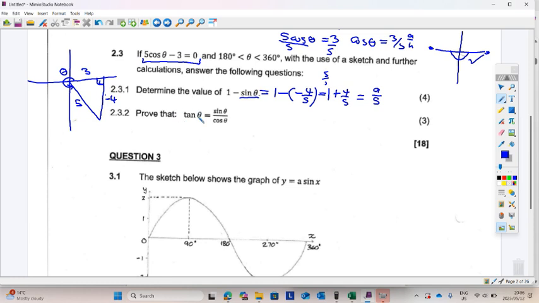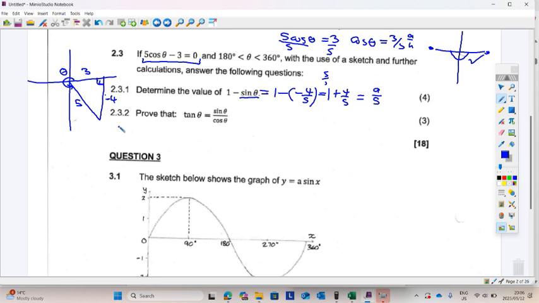And then prove the fact that tan theta is equal to sin theta over cos theta. How do we prove this? We make use of a diagram there. We can actually make use of this from our diagram. When you are proving, you deal with the two sides separately.